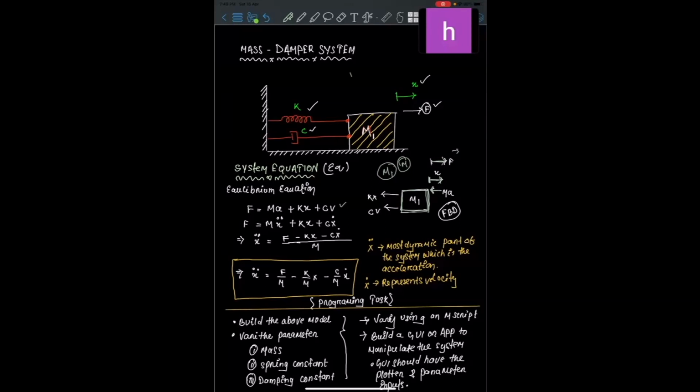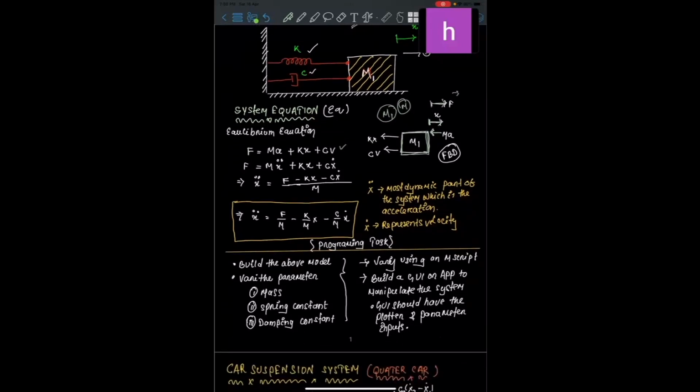According to Newton's law, applied force is equal to ma. So whichever direction the force is in, the mass into acceleration will be in the opposite direction.